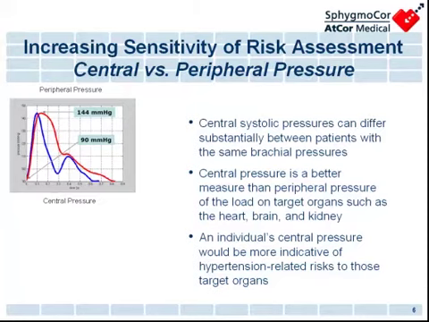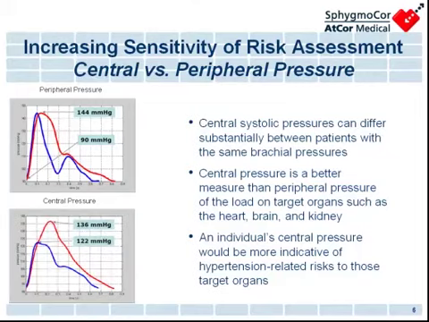We heard about how this broad-based picture reflects more reflection back to the heart, more pulse wave velocity, higher pulse wave velocities, and more central aortic pressure. That's reflected here by a much higher number in red. So this person in red with a broad base, if we look at their central pressure, is much higher.